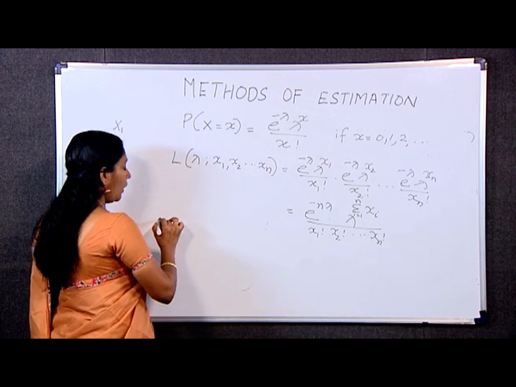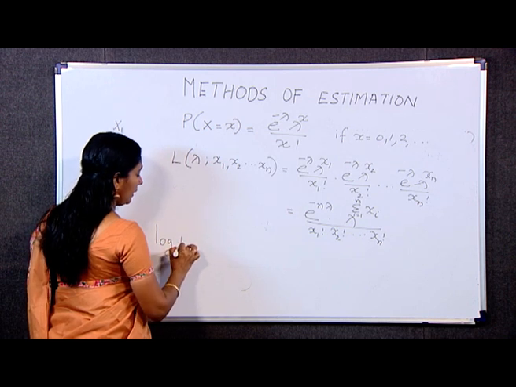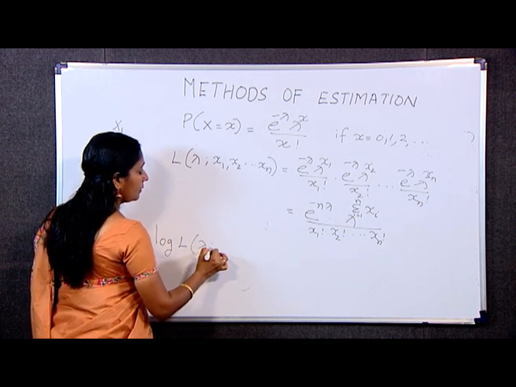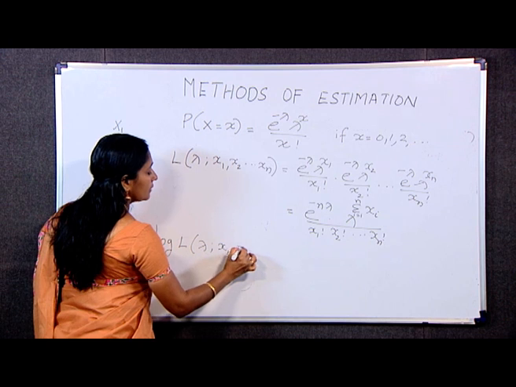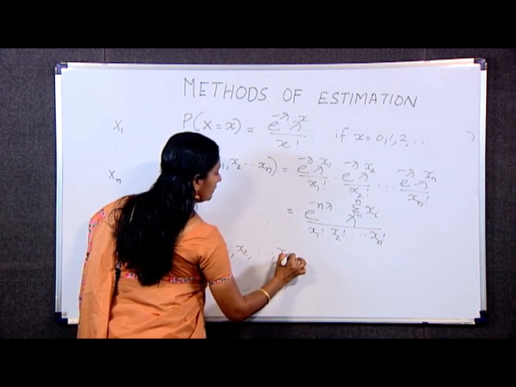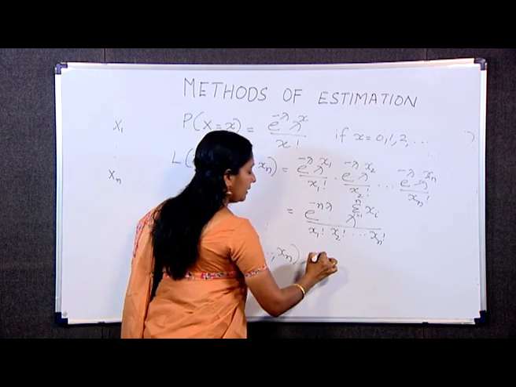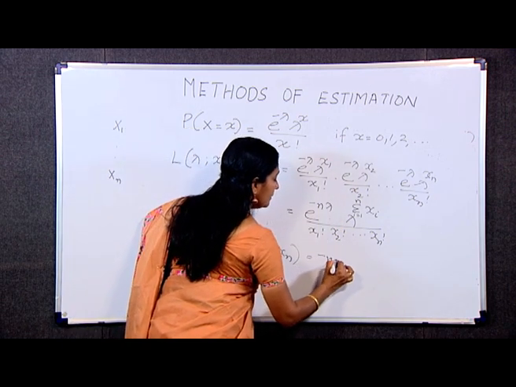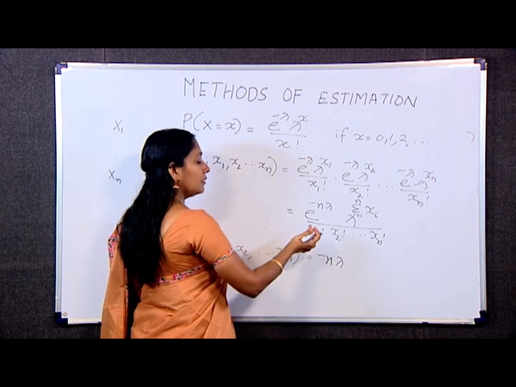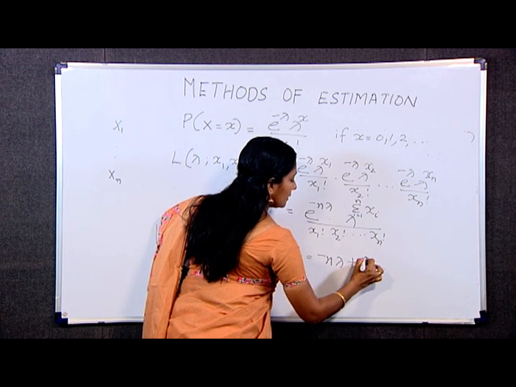Taking the log likelihood function, we have log L of lambda given x1, x2, etc., xn is equal to logarithm of e raised to minus n lambda, it is minus n lambda, plus logarithm of lambda raised to summation xi.